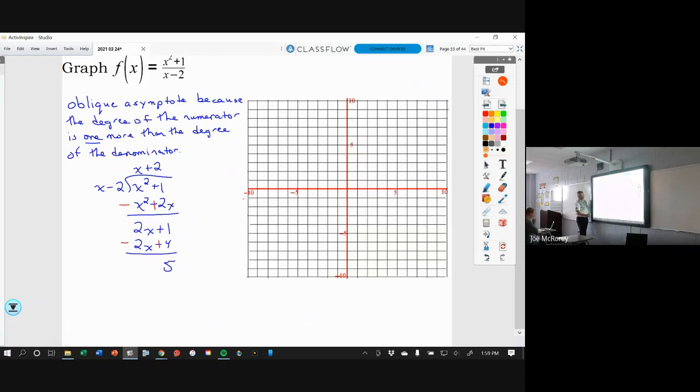Y equals x plus 2 is the equation of the oblique asymptote. That has a y-intercept at 2 with a slope of 1.